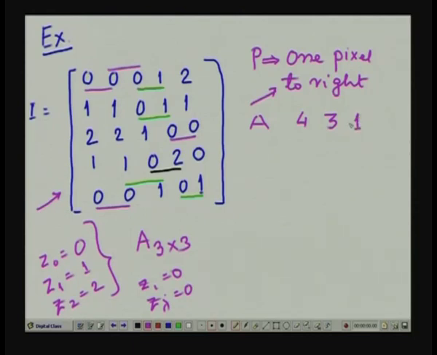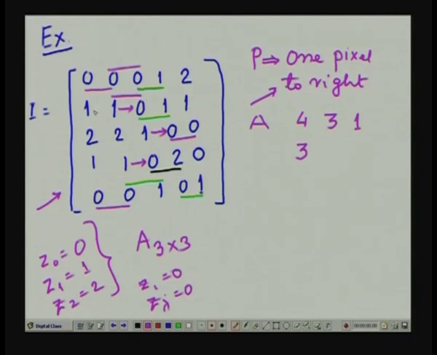Similarly, I have to check how many times 1 0 appears in this image. Here I have a 1 0 transition, here also I have a 1 0 transition, and here also, so A 1 0 will have a value equal to 3.